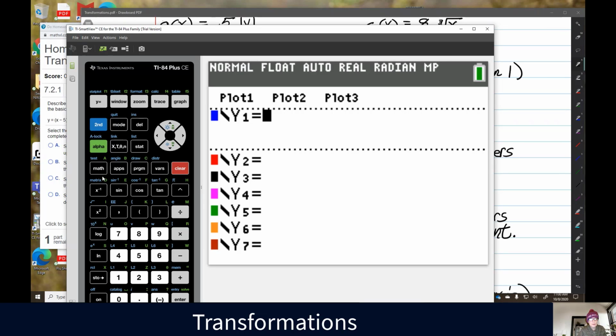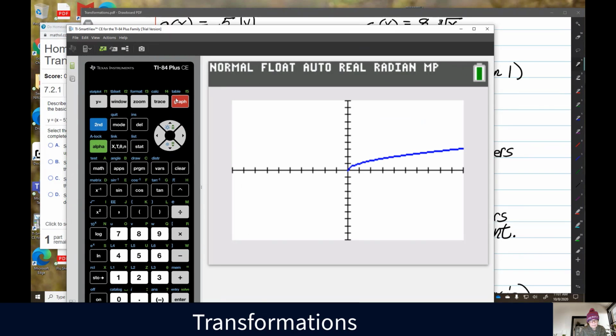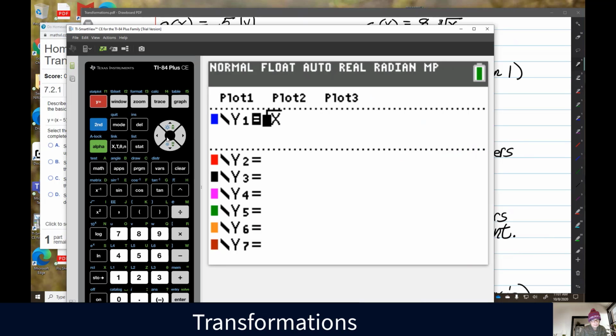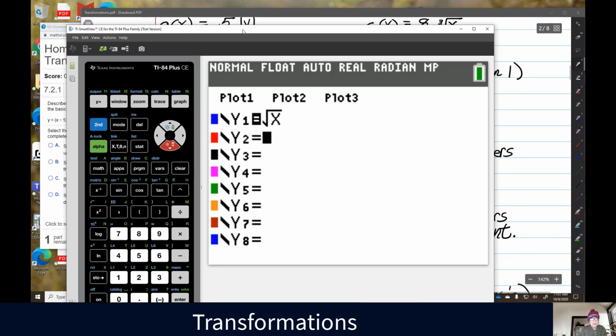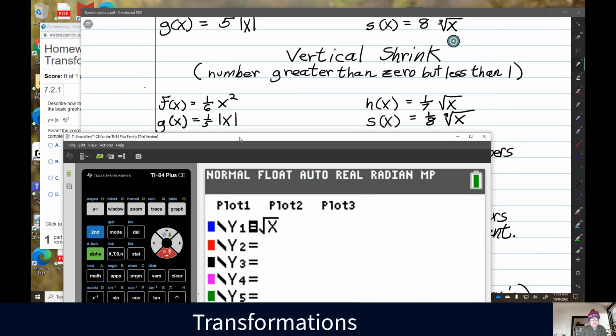Let's do one more. Let's just do the square root of x. There it is, home position. Now we're going to shrink it by 1/5.